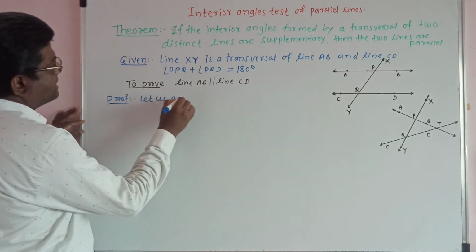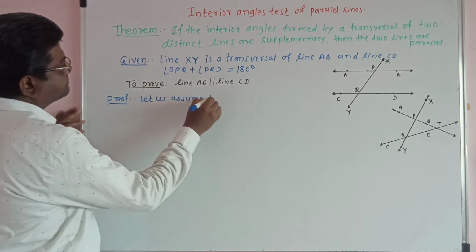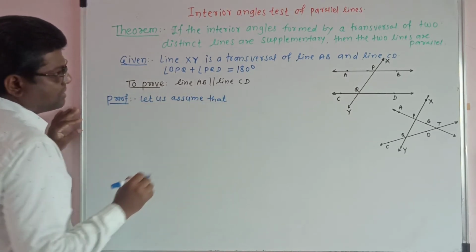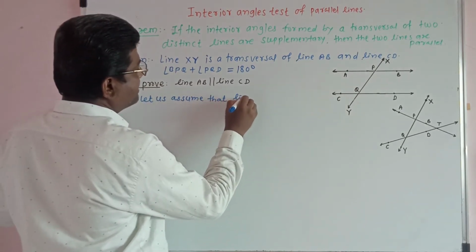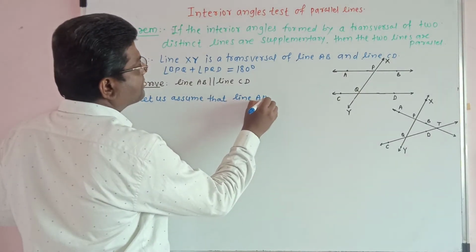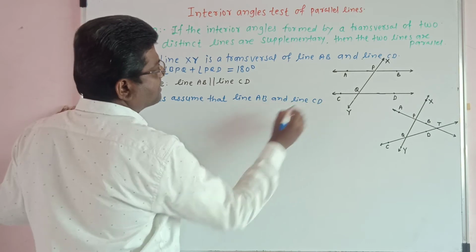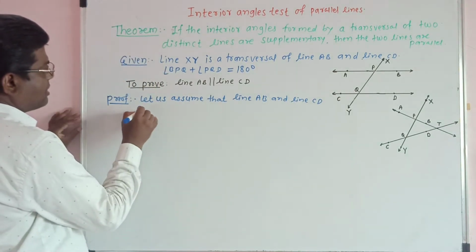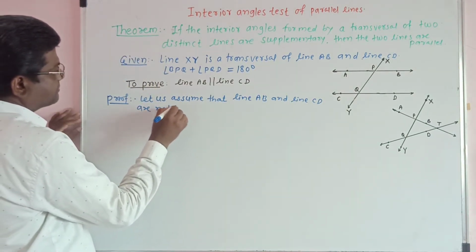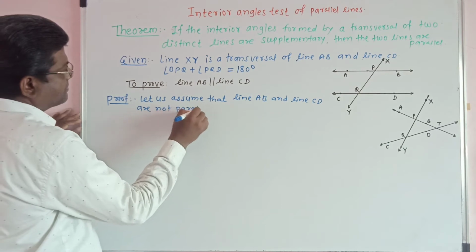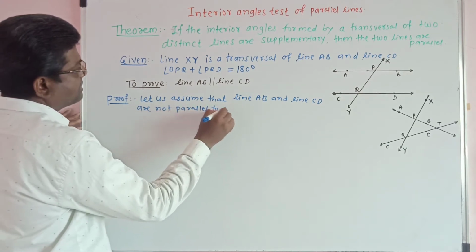Let us assume that line AB and line CD are not parallel to each other.